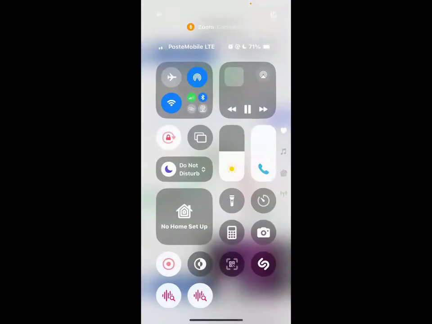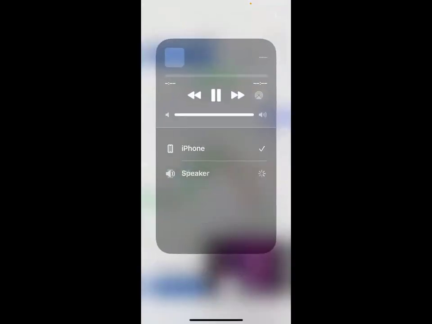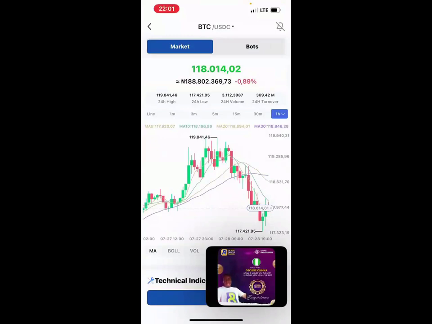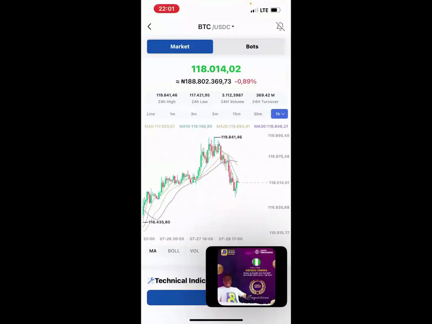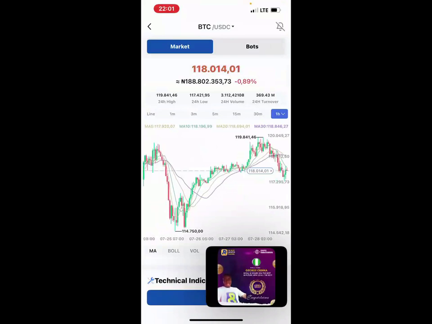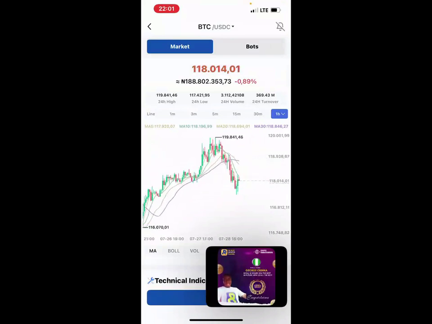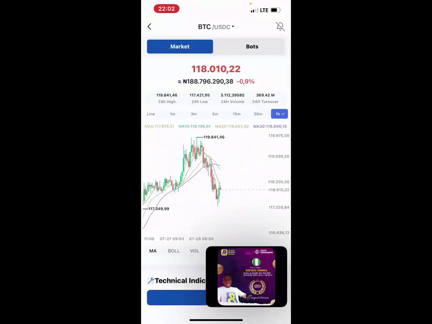Okay. So on our MA, we know that the average price is being calculated here. So I want to see the higher time frame.